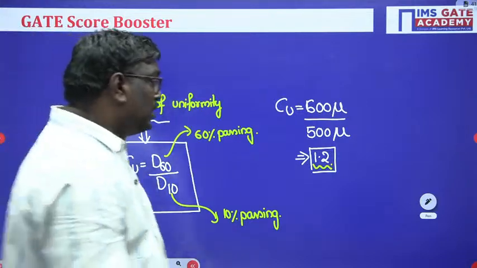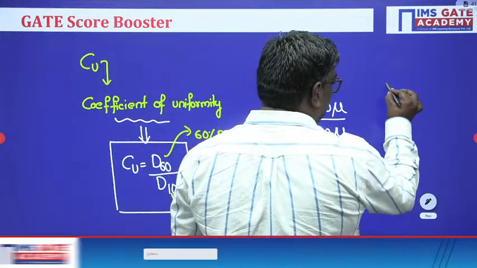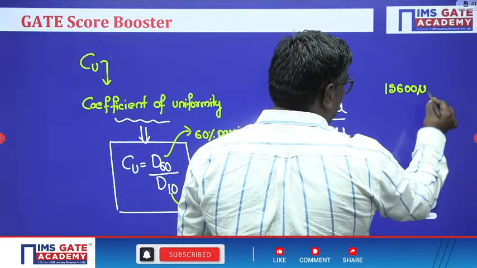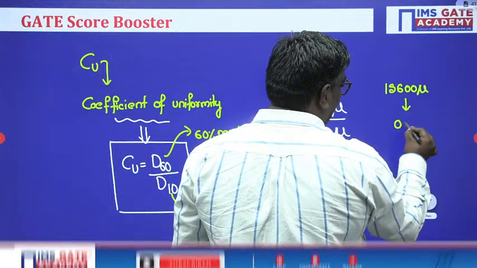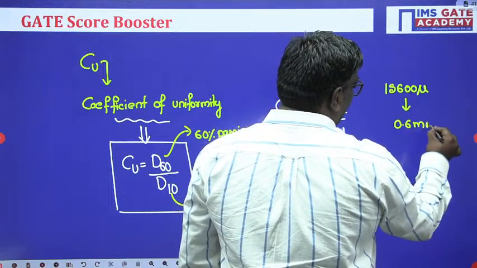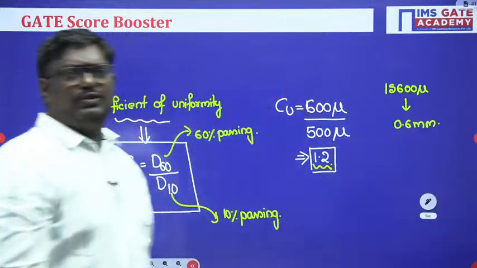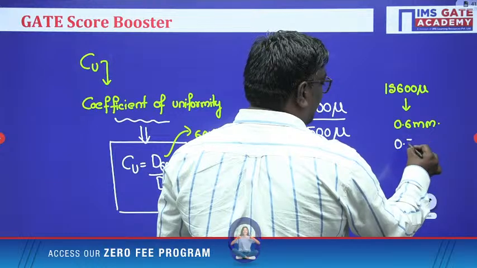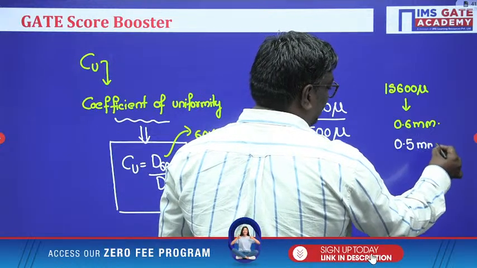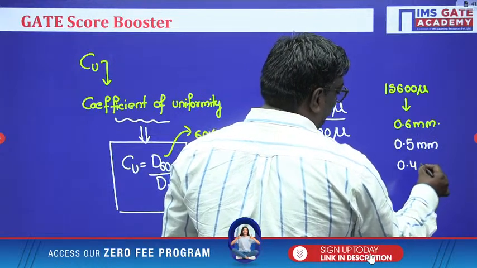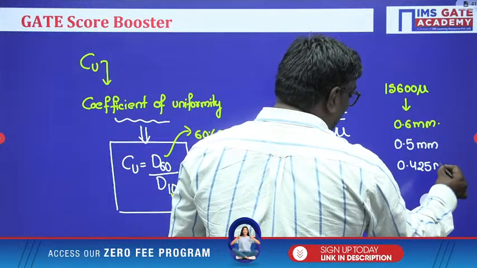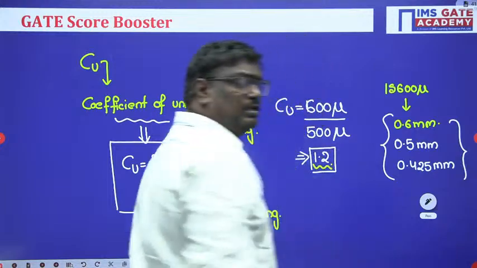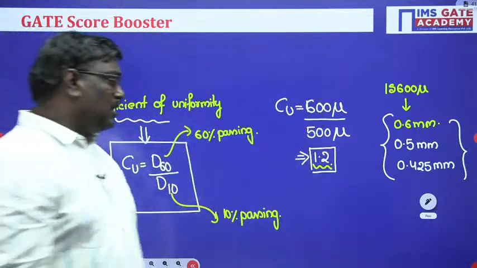Very good. Now see students, have you observed one thing? The IS 600 micron sieve in mm is 0.6 mm. Similarly, 500 microns is 0.5 mm, and there is 0.425 mm. All these are sieve sizes of sand.